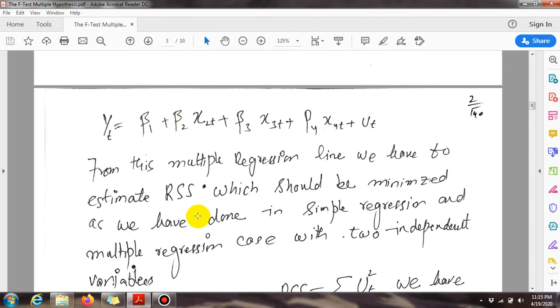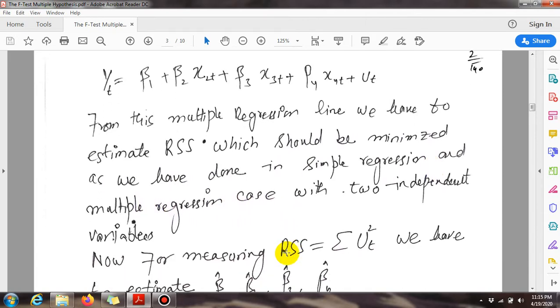From this multiple regression line we have to estimate the RSS, the residual sum of squares, which should be minimized, as we have done in the simple regression and multiple regression cases with two independent variables. But here we have 1, 2 and 3 independent variables, including a constant term.